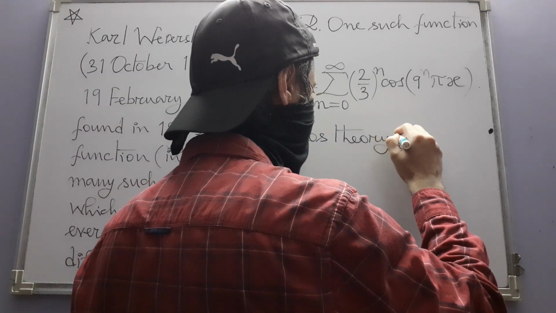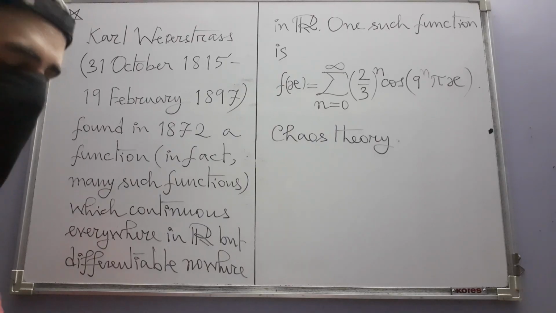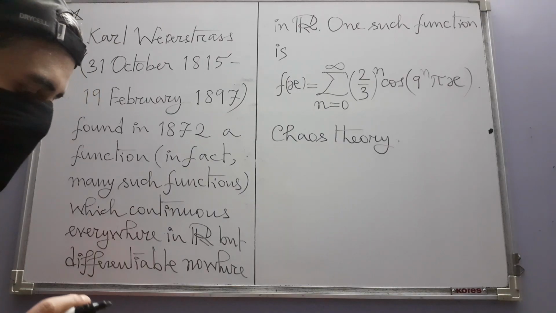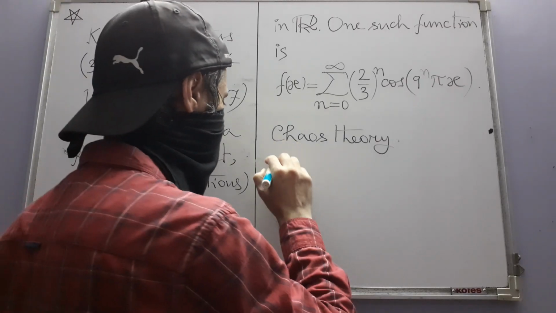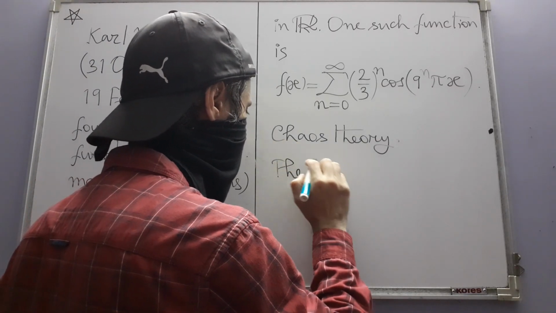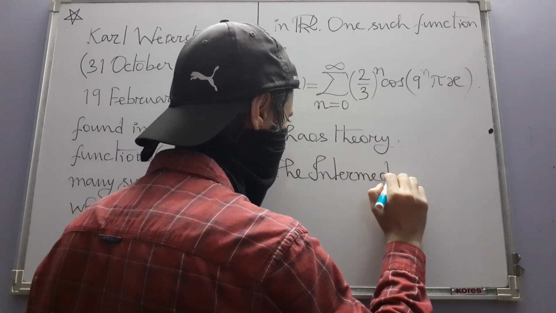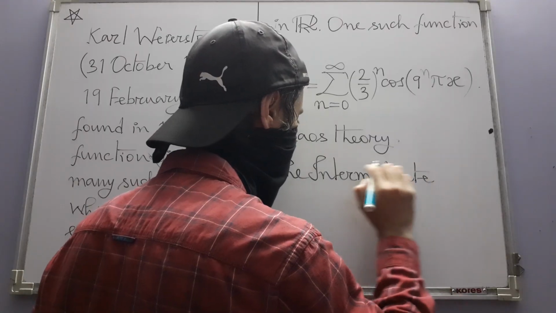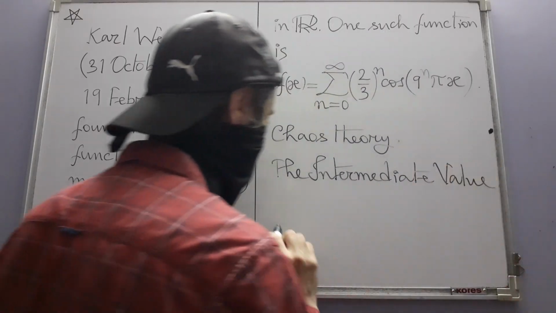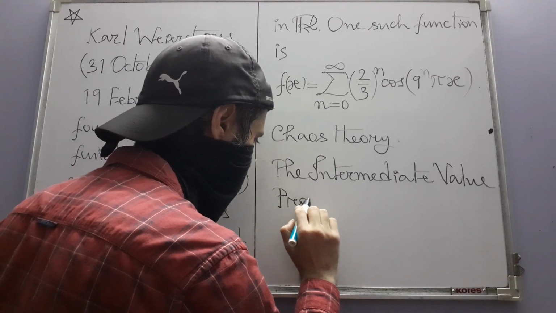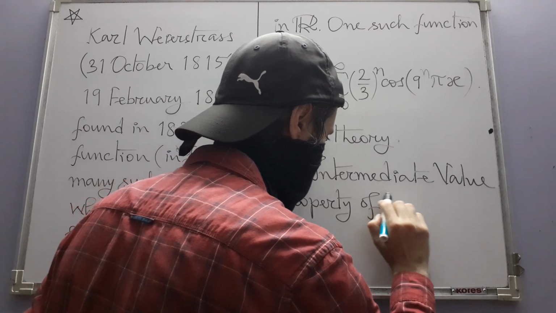Now there is one more property of derivatives with which this section ends. That is the intermediate value property of derivatives. So next let's see this. Intermediate value property of derivatives.